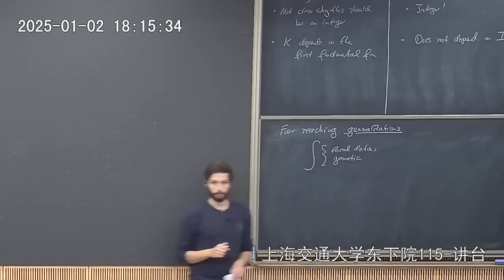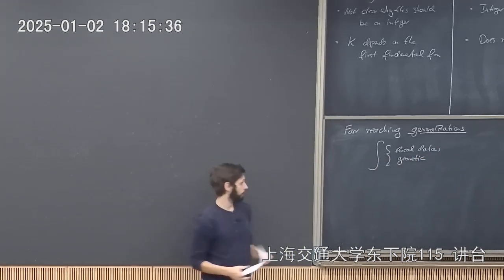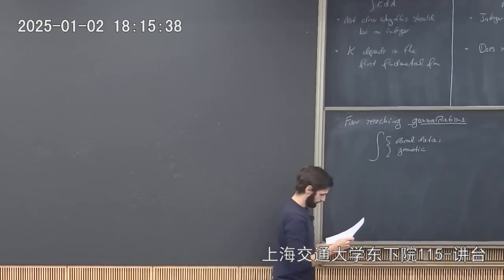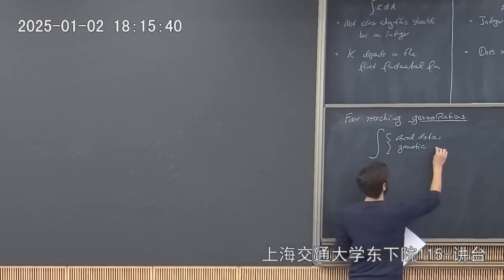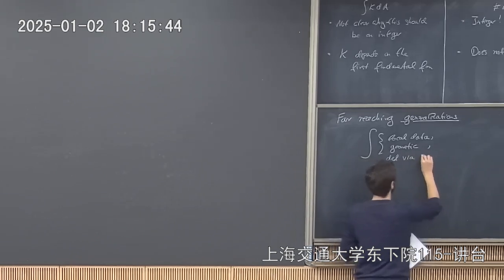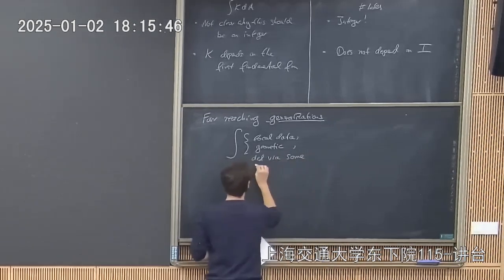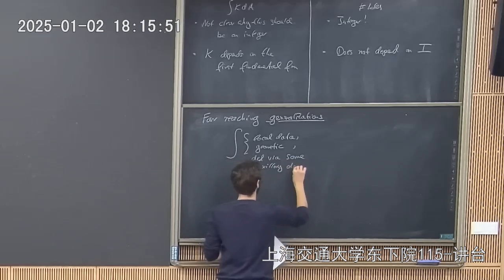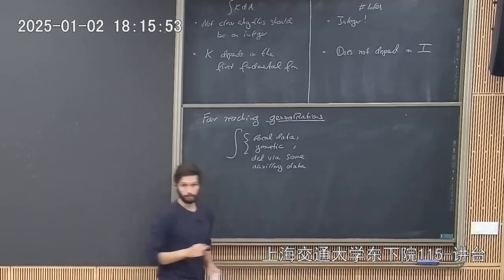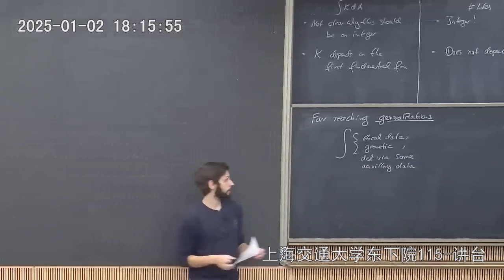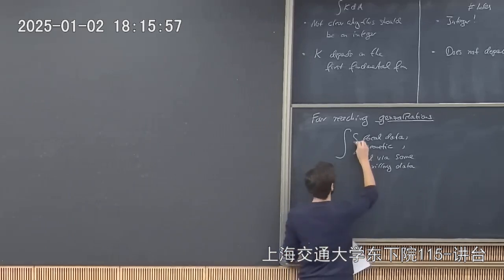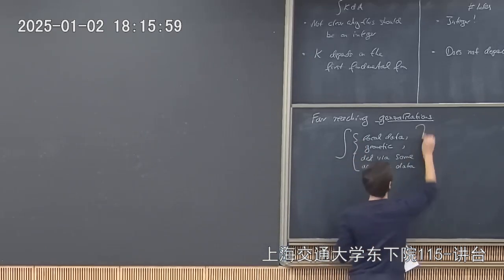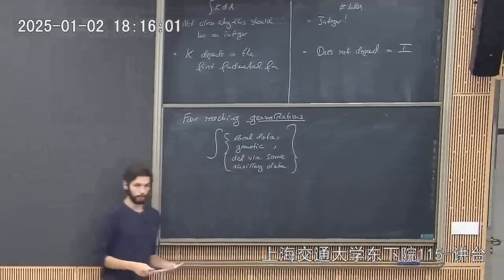In our case it was the Gauss curvature, but it could be something else. And it's usually defined via some auxiliary data. In our case, that's the first fundamental form. So you have this kind of information, and then you integrate over that.